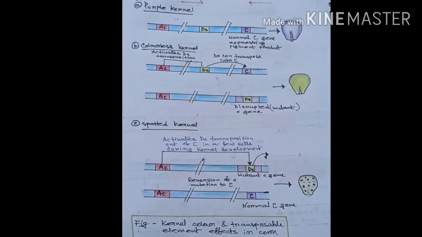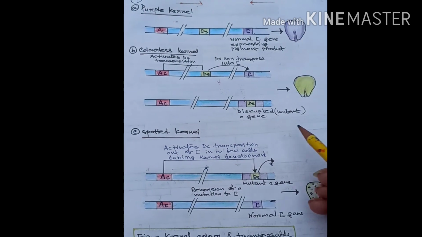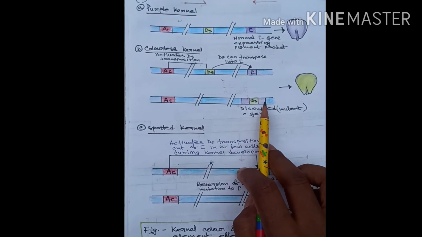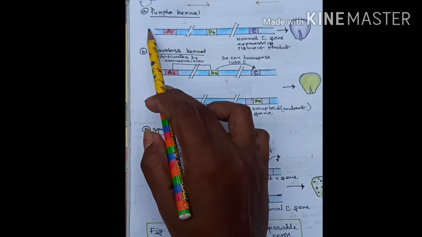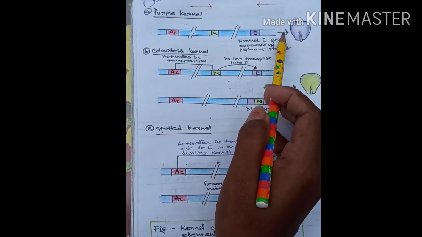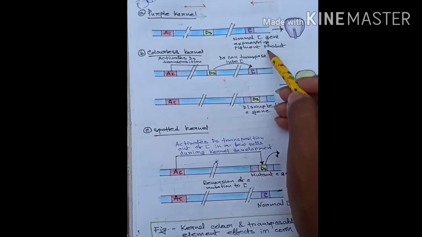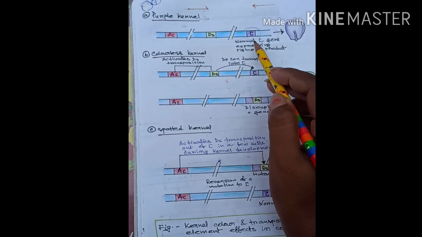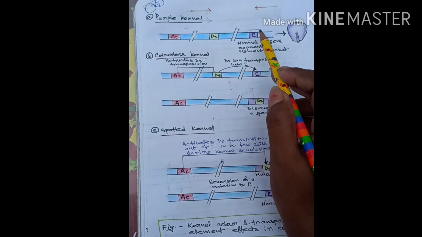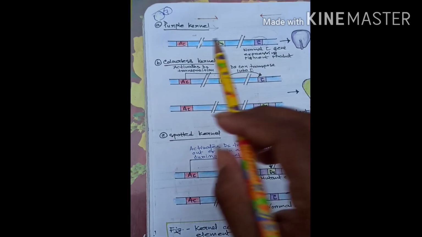Now we learn about the experiment done by Barbara McClintock. First, this is the portion of DNA or short arm of chromosome 9. Here, this is the gene capital C, which is wild type, and for that gene the kernel is purple in color.